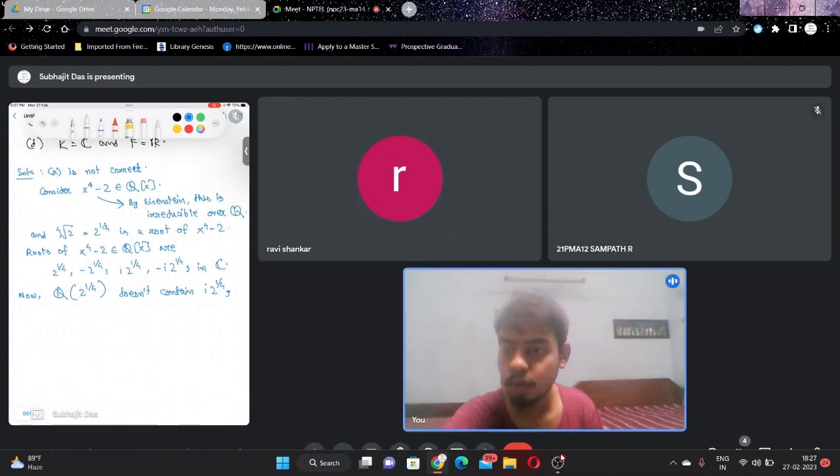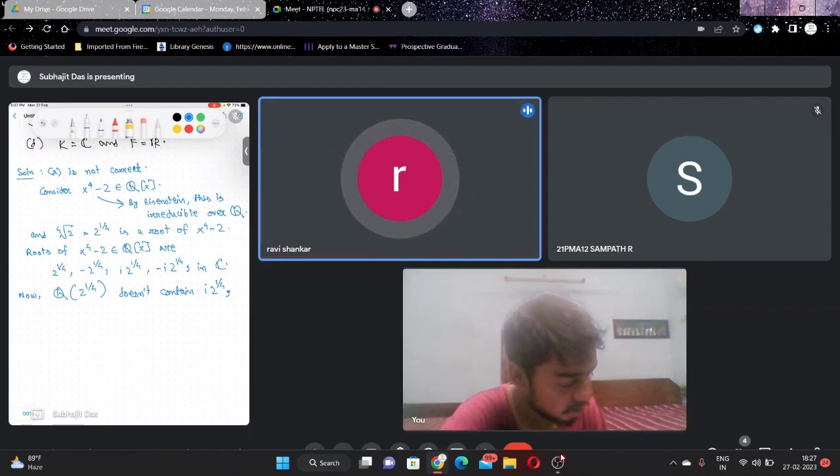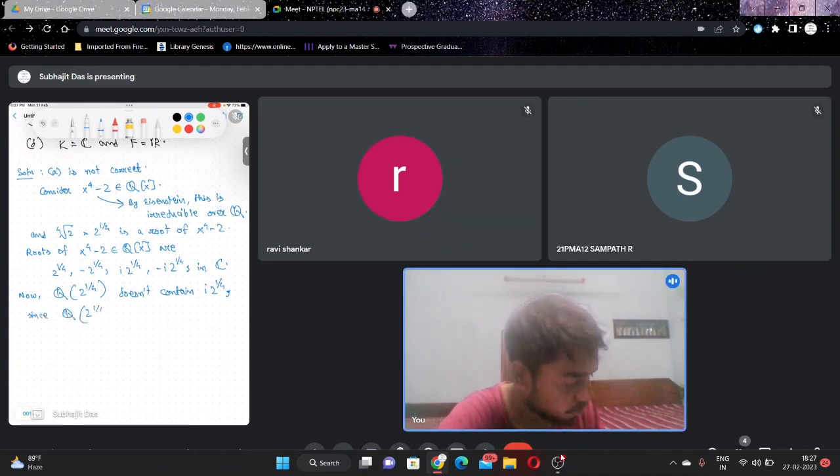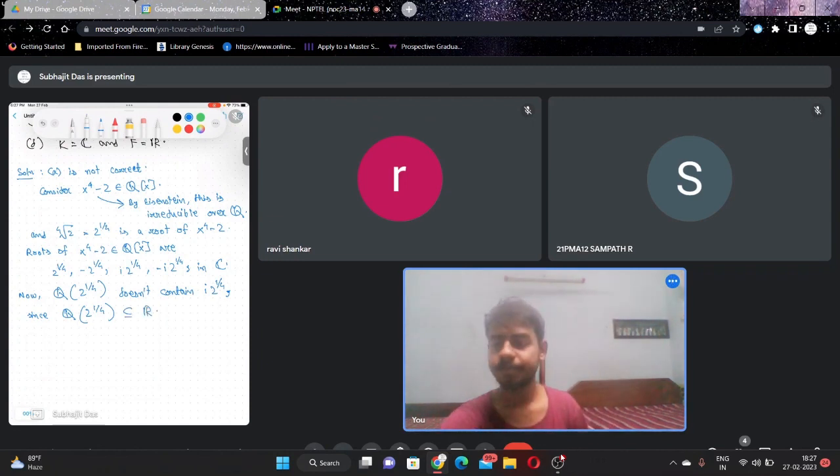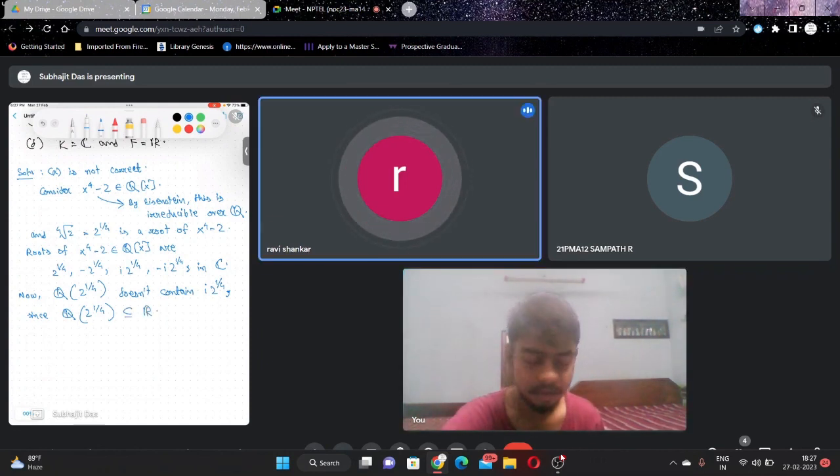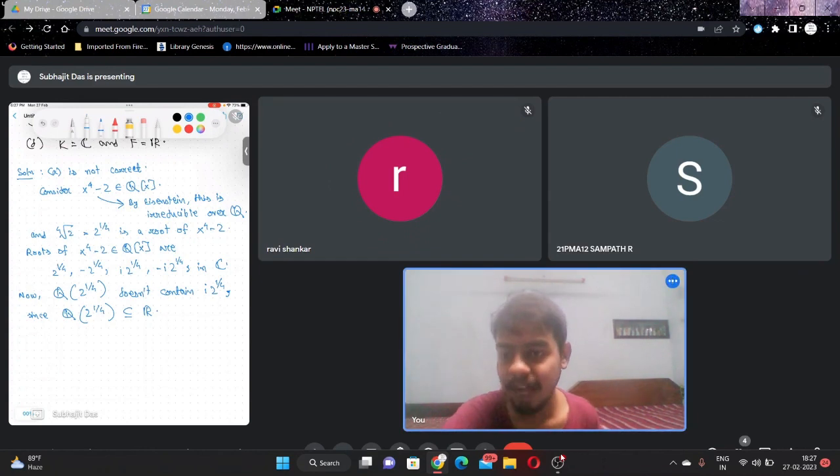The complex roots don't lie in this extension, right? Since Q adjoined with 2 to the power 1 by 4 is a subfield of R, it's fully contained in R. So it won't contain any complex roots, right?